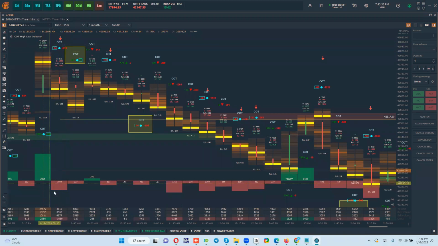Delta gives us an indication of the selling. There are 1,039 lots sold in this particular bar. But from the lows also there was selling, and from the highs also there was selling. So that is an indication that in this entire bar there was selling pressure from the high as well as from the low till the close.